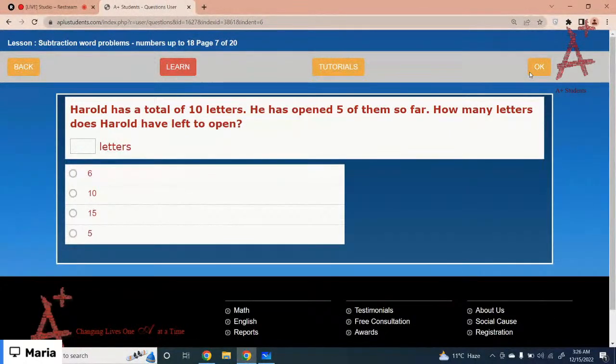Harold has a total of 10 letters. He has opened 5 of them so far. How many letters does Harold have left to open?